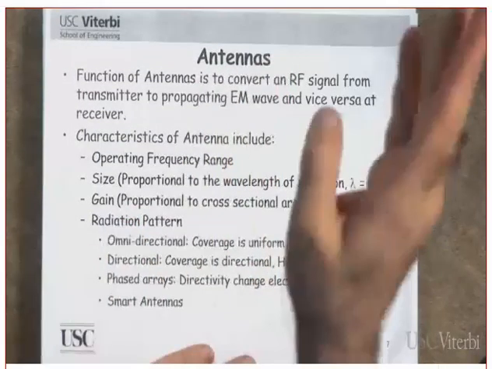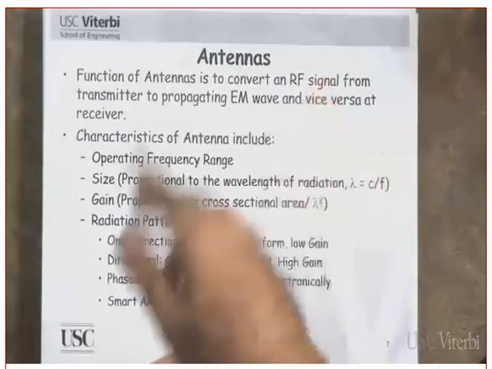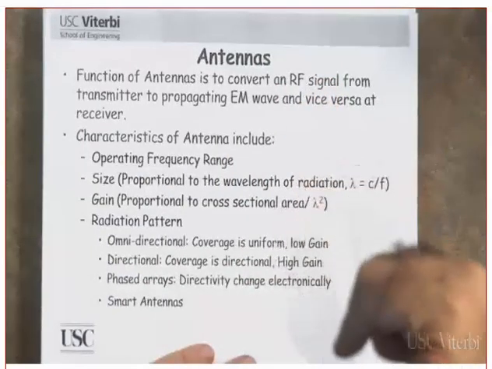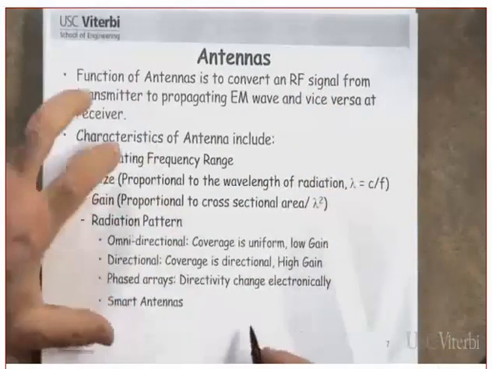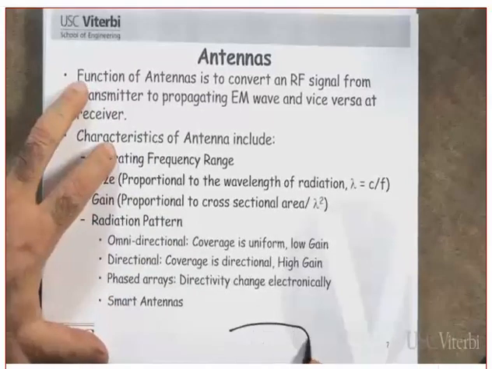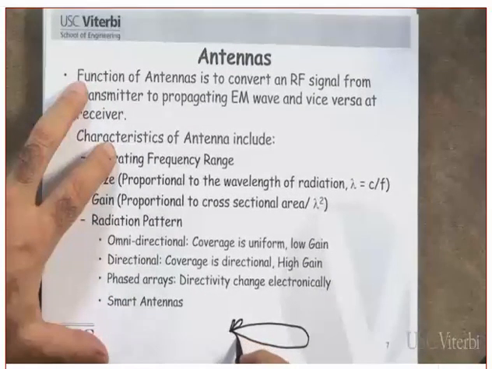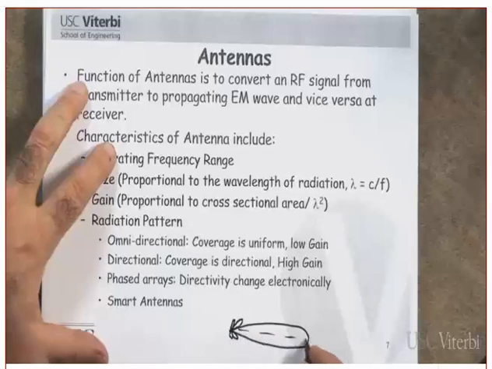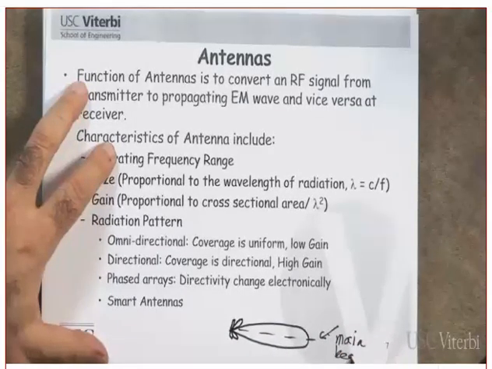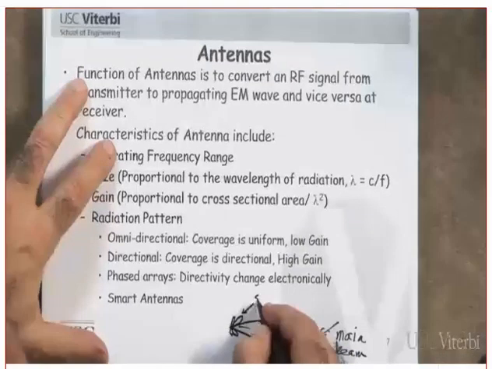Gain depends on directivity. The more directive the antenna is, the higher the gain. Clear? And now remember, I told you about the beam, for example, here. This is called the main beam. These are side lobes.